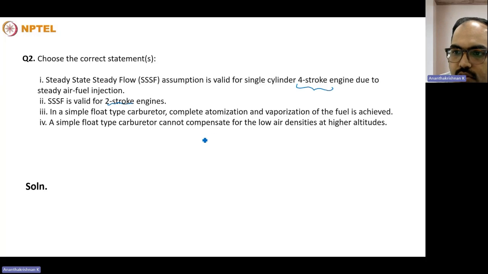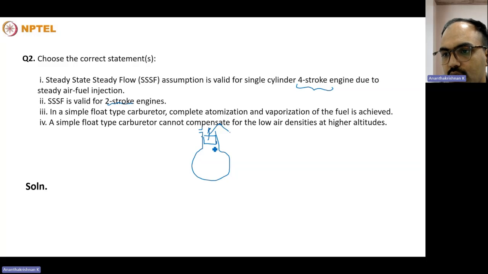So in the case of a two-stroke engine, when the piston moves upwards, there will be a port through which the exhaust gas will go out, and there will be a port where the fuel has to come inside. When the piston moves upward, the fuel air mixture will come inside, and just like that, there will be exhaust of the combustion products.